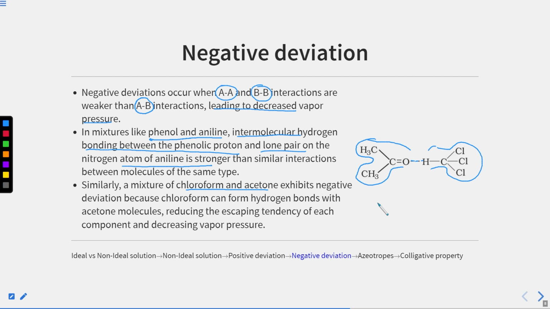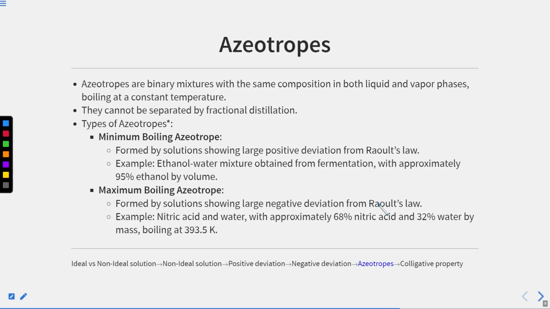Now next, we will move to azeotropes. So what are azeotropes? Azeotropes are binary mixtures with the same composition in both liquid and vapor phase. By which I mean that suppose we take two volatile liquids and dissolve them, and it forms vapor.